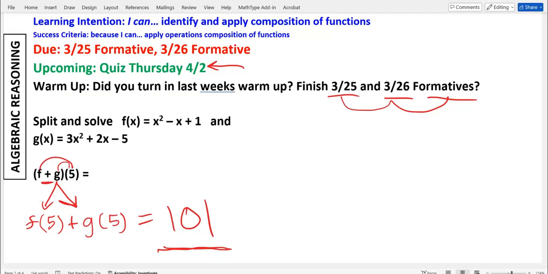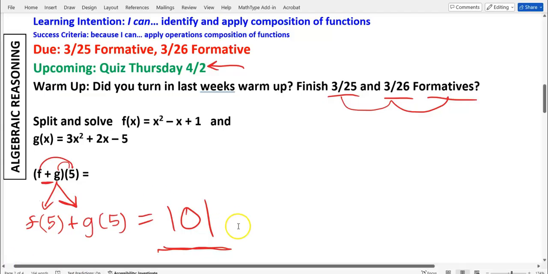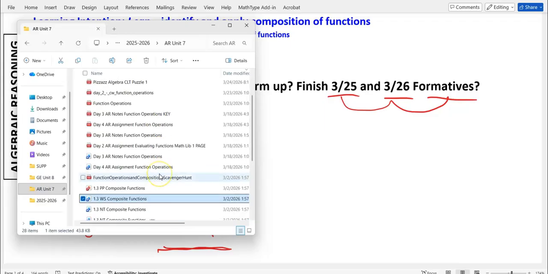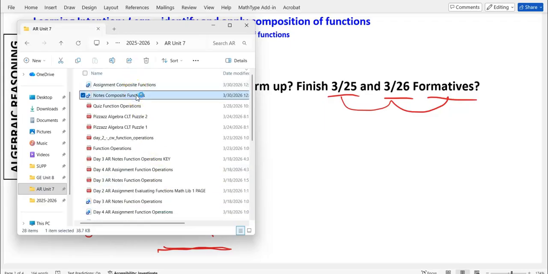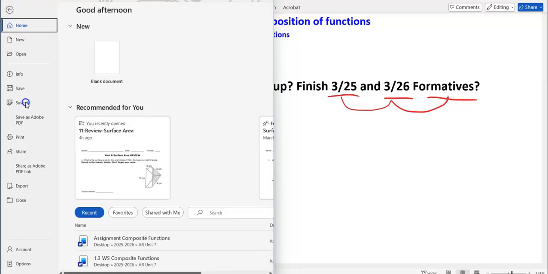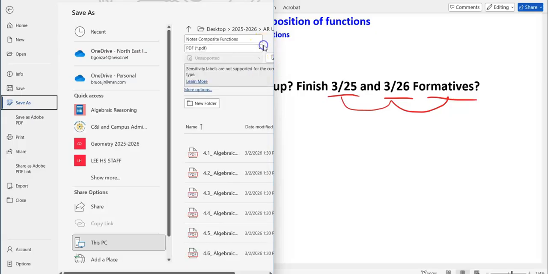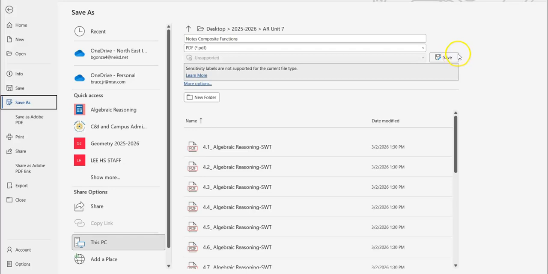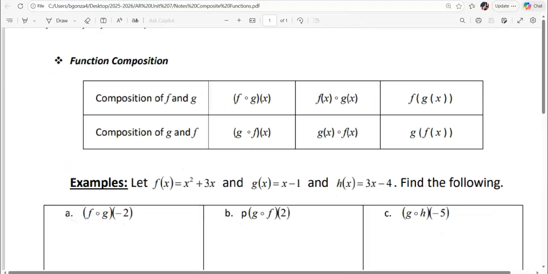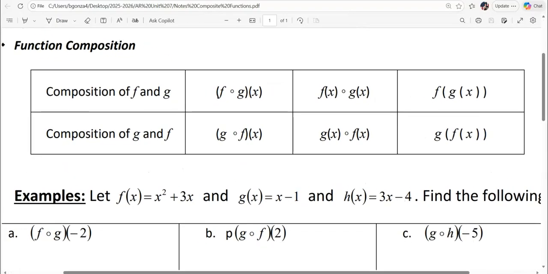It's not too hard, in my opinion. Here we go. All right. Wake up, wake up. Look at this. Everybody.